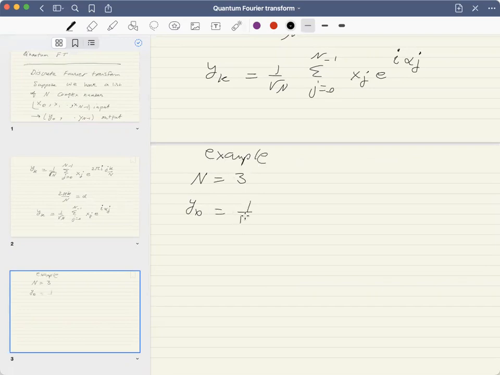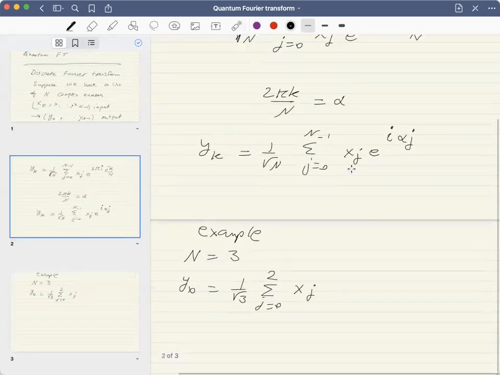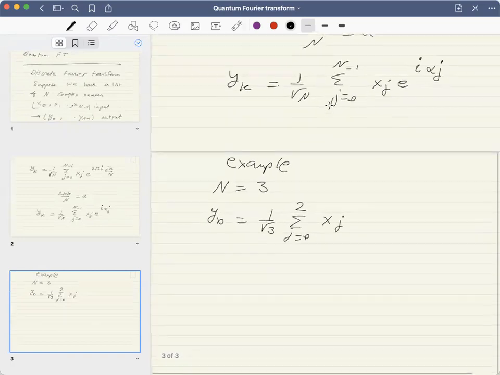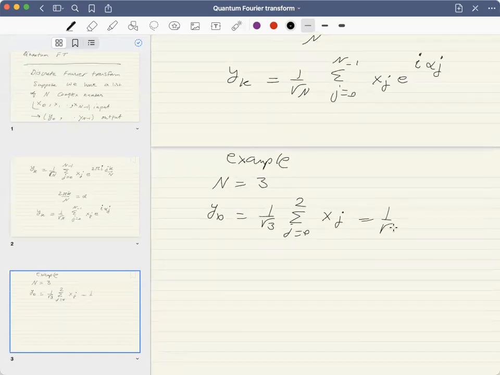So this would be 1 over square root 3, sum over j equals 0 to 2 of x_j, and then alpha in that case is just 0 because k is 0. So that's it. So this would be 1 over square root 3 times x0 plus x1 plus x2.